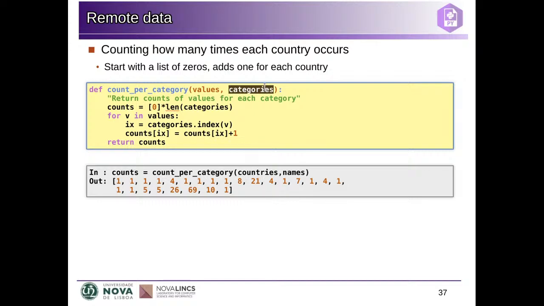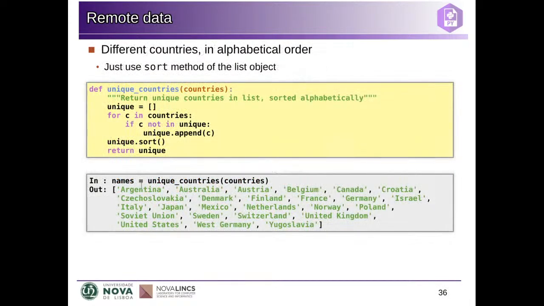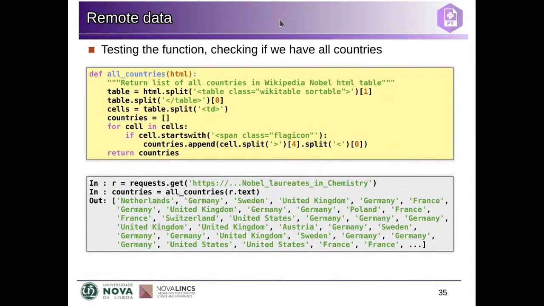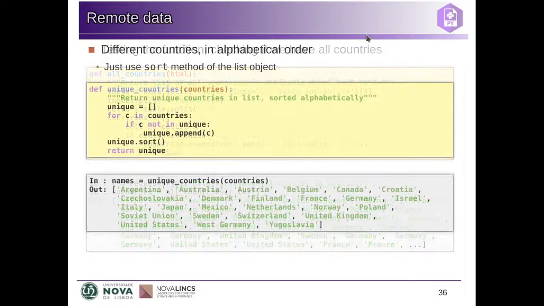In this particular case, the categories will be the unique countries in alphabetical order, so these, and the values will be the full list of countries. And what we want to do is run through this full list and keep counting for each category how many times the countries appear.